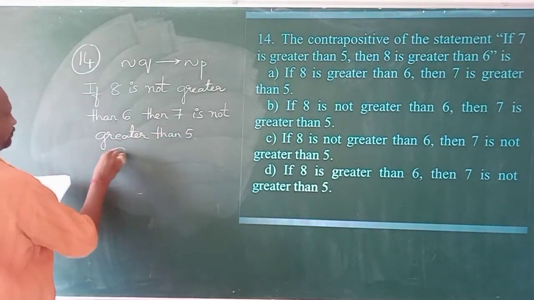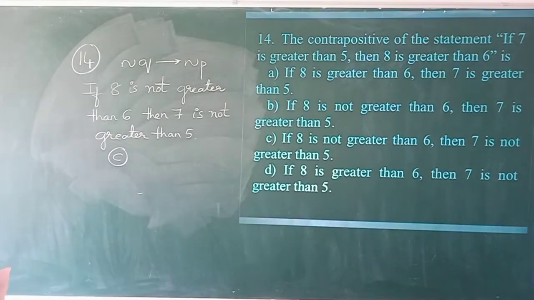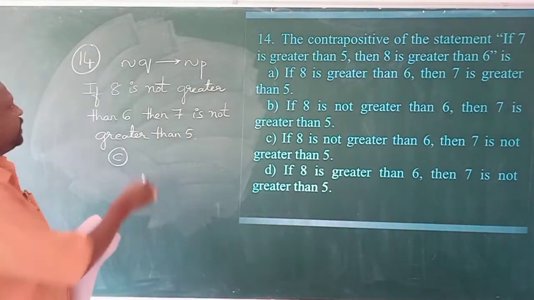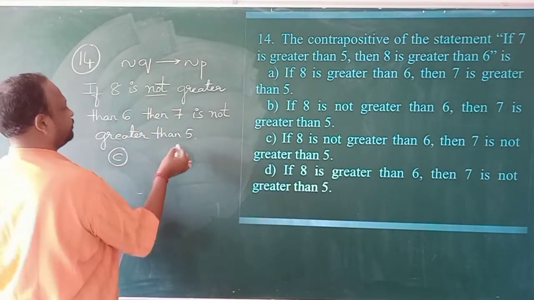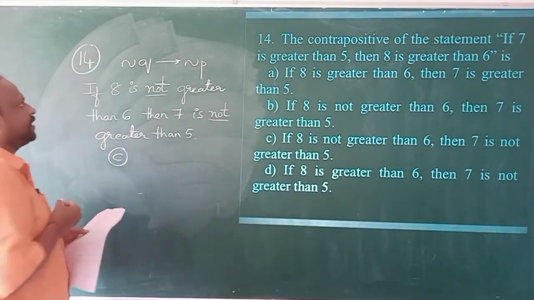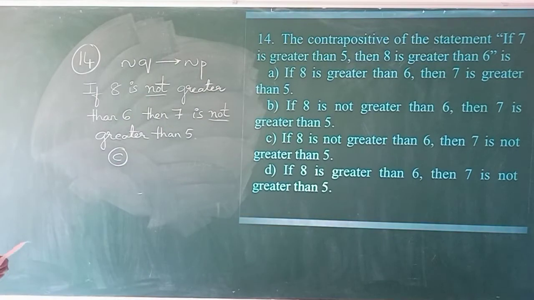Option C. You can observe, contrapositive is nothing but negation Q then negation P. First sentence is negation Q, second sentence is negation P.